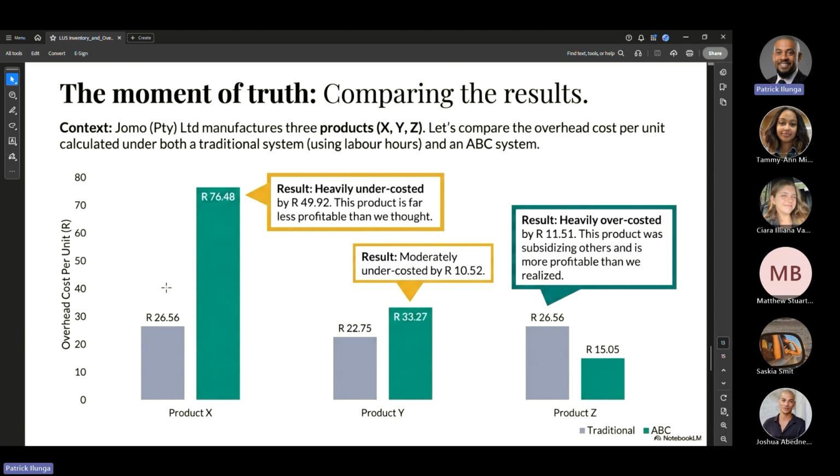Guys, are you there? Do you see the danger? You price this product at 40 rand because based on the traditional costing, I'm going to make a profit of about 14 rand, while the real cost is way higher.